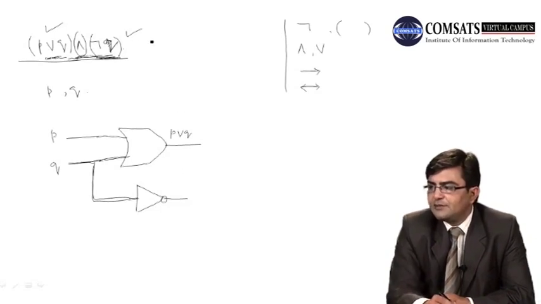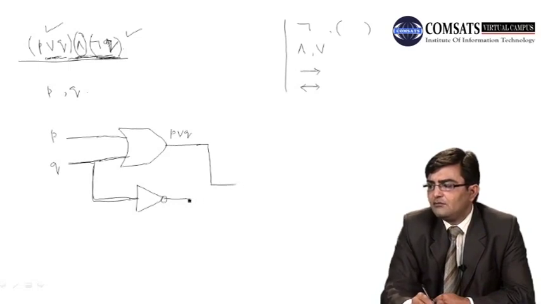Now these two expressions are connected by the conjunction operator AND. How do we connect them? We can draw a line here, and proceed here, and now there is an AND operator between these two expressions. We draw an AND logic gate here, and we have the output here.